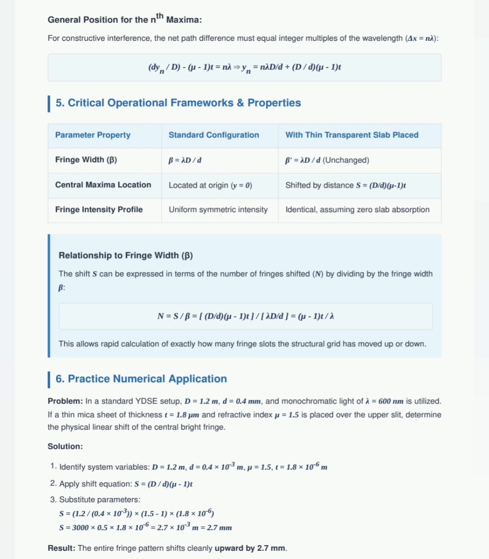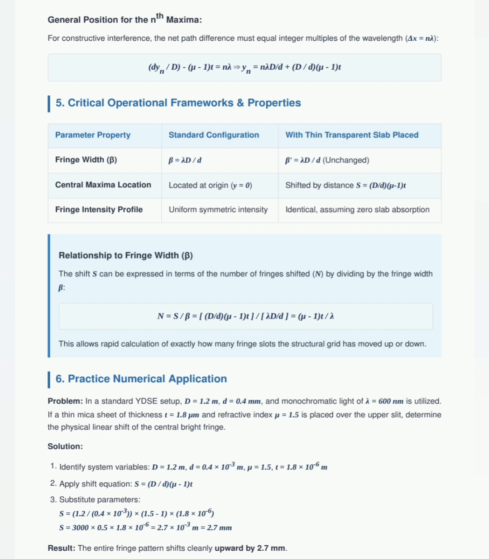If a thin mica sheet of thickness T equal to 1.8 micrometer and refractive index mu equal to 1.5 is placed over the upper slit, determine the physical linear shift of the central bright fringe.